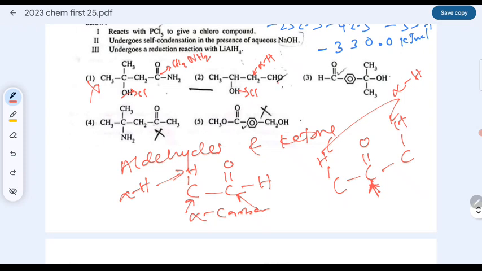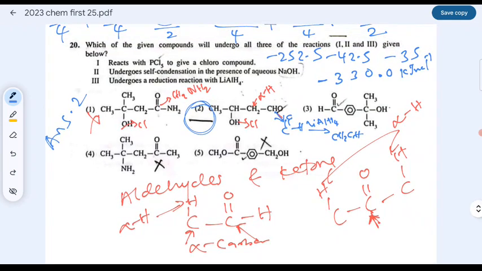Yes, because this CHO with lithium aluminium hydride, so I'll write it clearly, it gives CH2OH. Therefore, primary alcohol is formed. Therefore, all these three are satisfied in the second answer. So, we can choose the second as the correct answer. Answer 2.